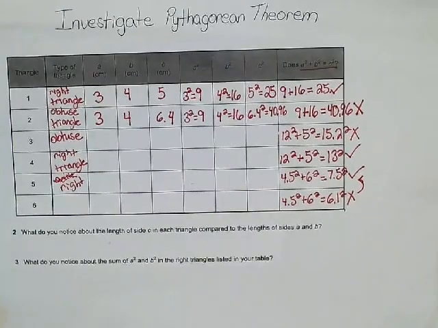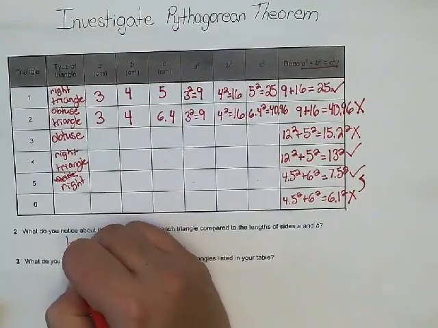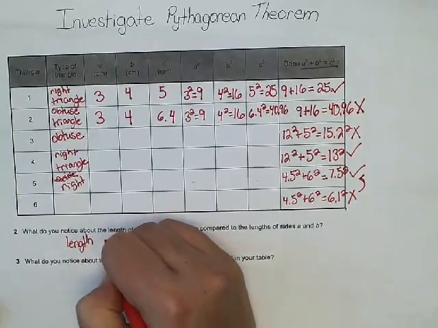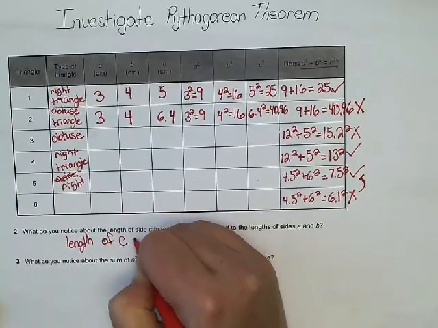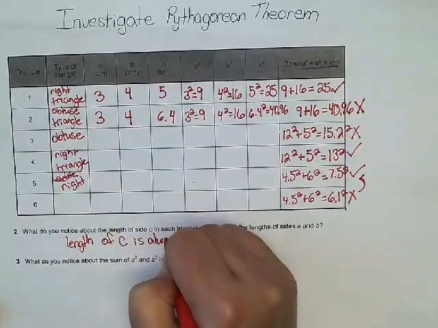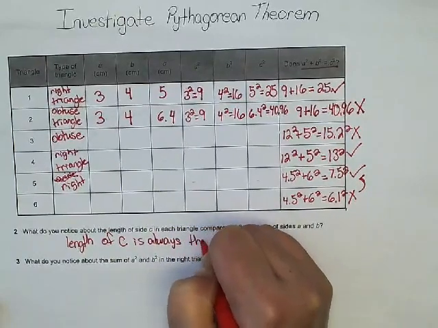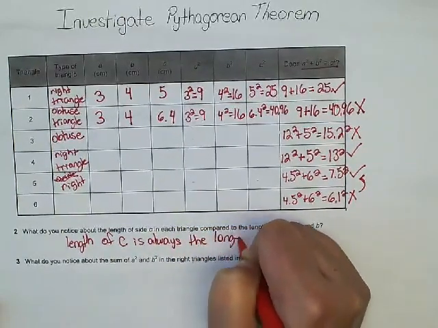So you should have said that you noticed that the length of C is always the longest length of the triangle.